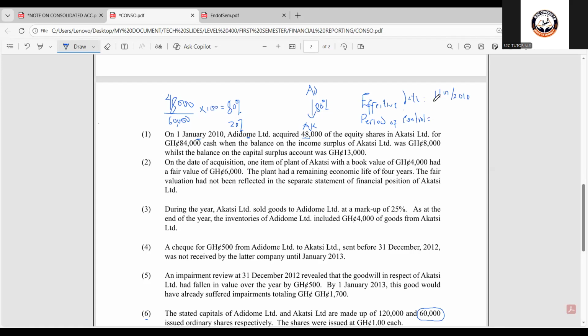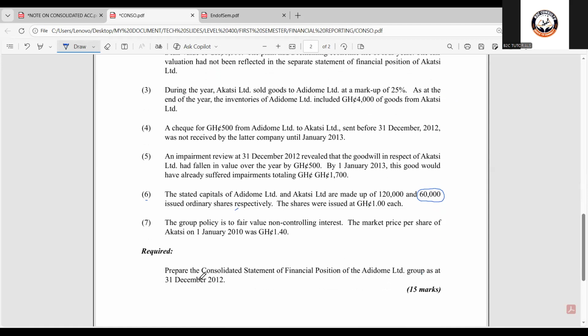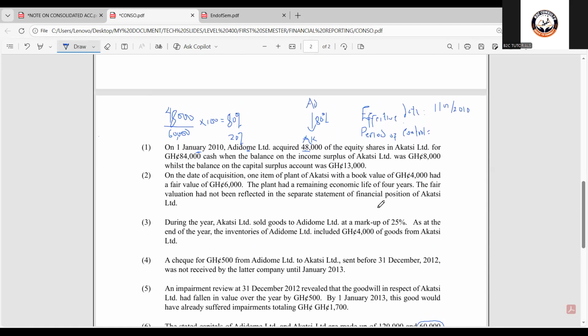Now, we bought the company on 1st January 2010. We are now preparing an account for December 2012. So how many years are there? Like you did in taxation, we have from 1st January 2010 to 31st December 2010. That gives you 1 year.